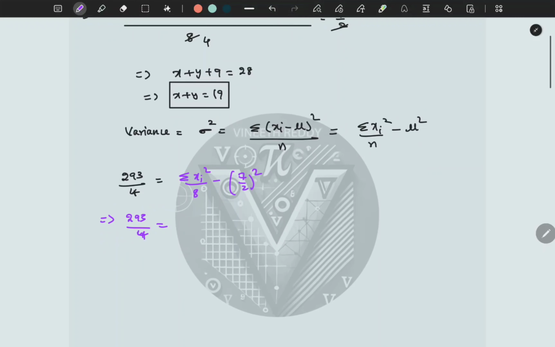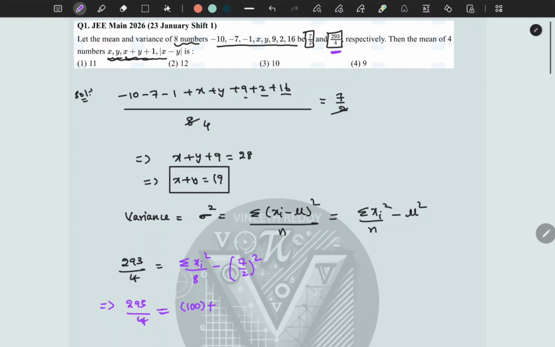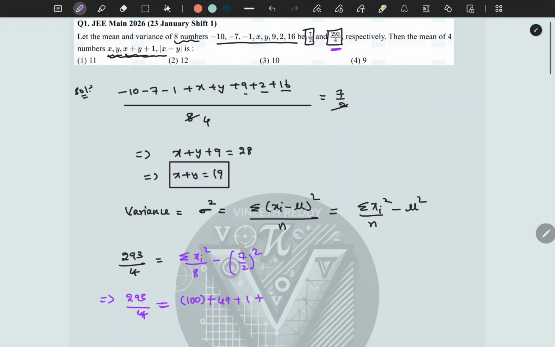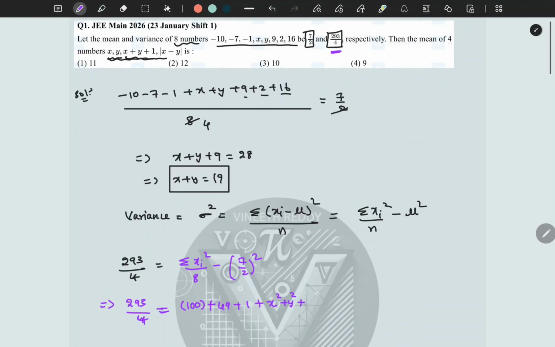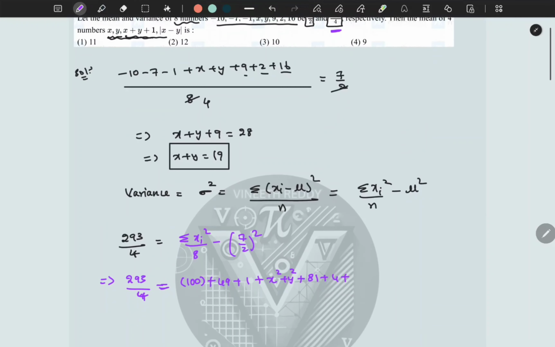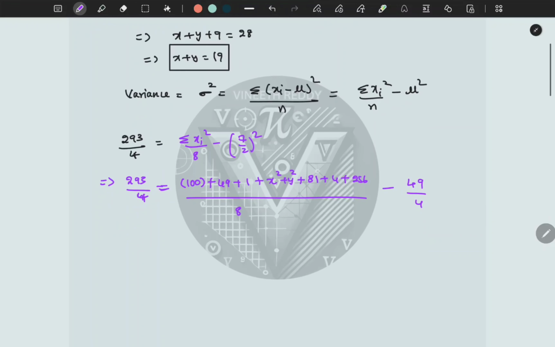If I expand sigma, I'll get minus 10 whole square, that is 100, plus minus 7 whole square, that is 49, plus minus 1 whole square, that is 1, plus x square, plus y square, plus 9 square, that is 81, plus 2 square, that is 4, plus 16 square, that is 256, divided by 8 minus 49 divided by 4, right?